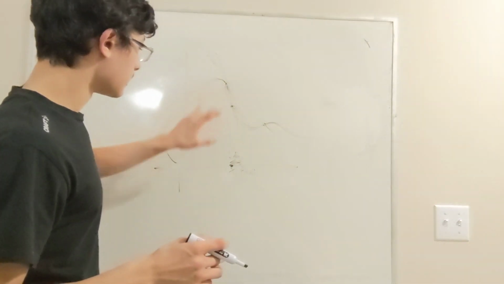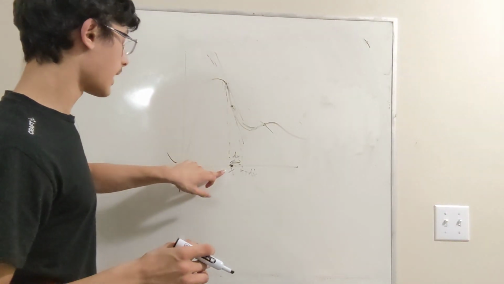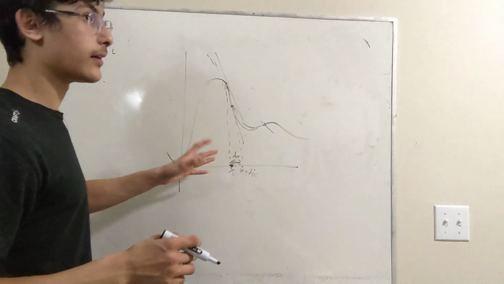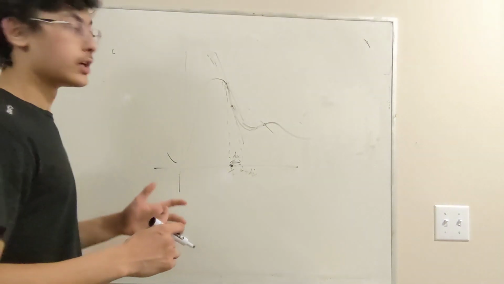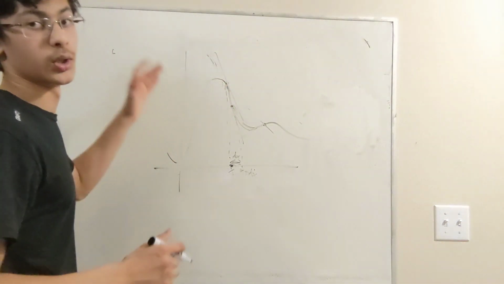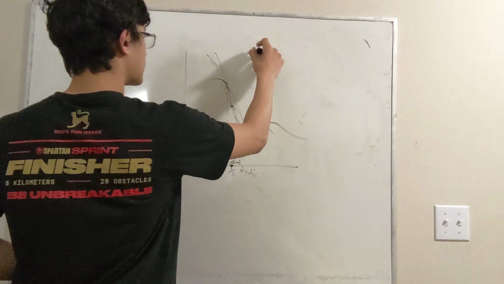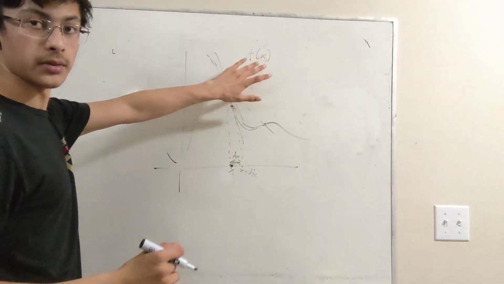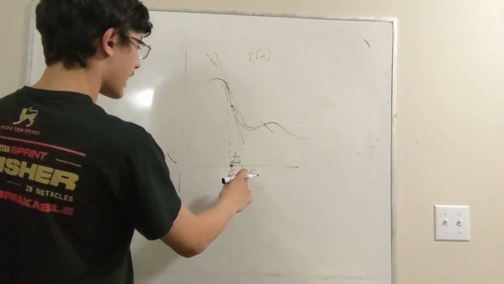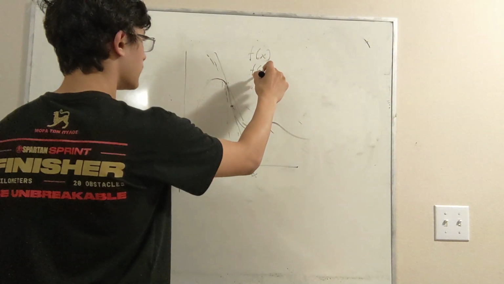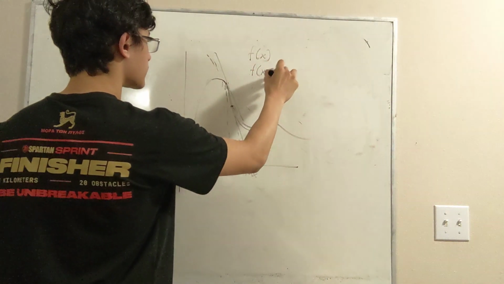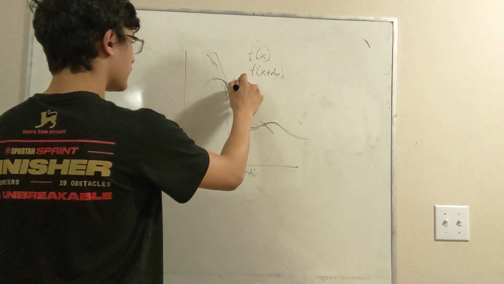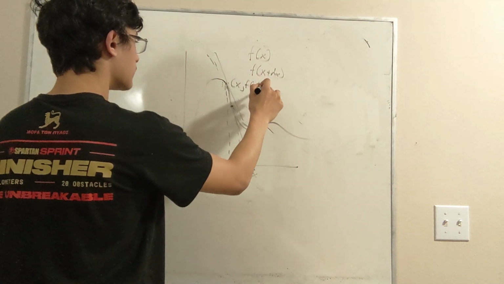What's going to be the value of the function, the y value, at these points? Let's say our function is f of x. So at x, the value is just going to be f of x, and at x plus dx, it's going to be f of x plus dx.